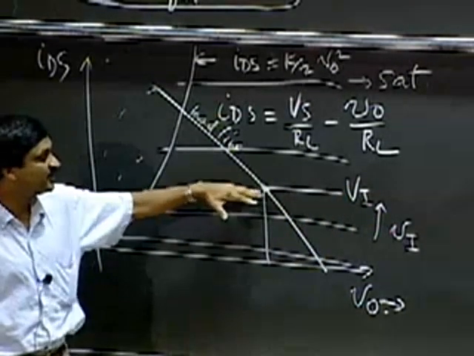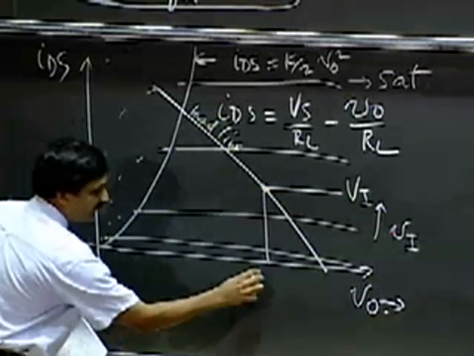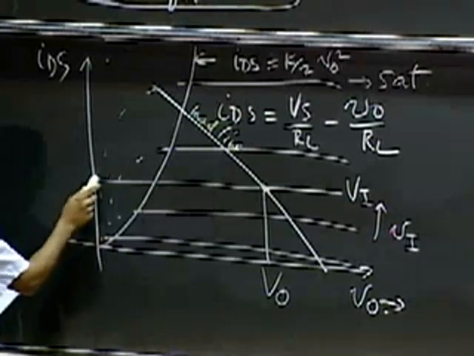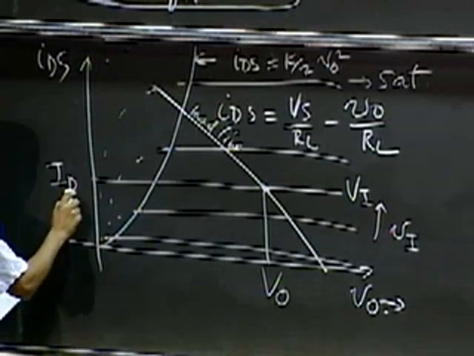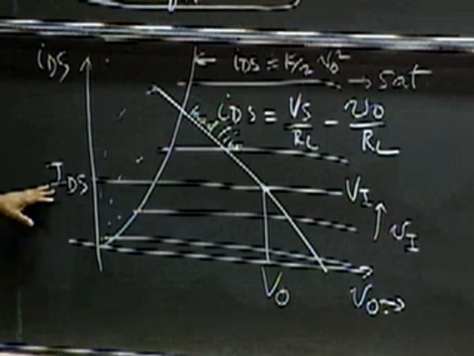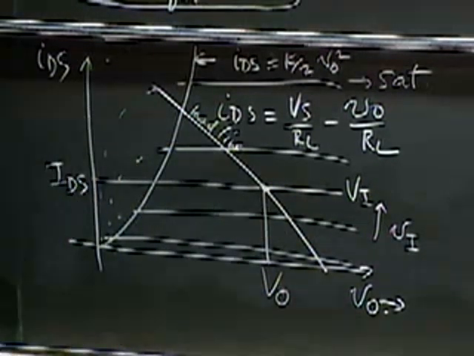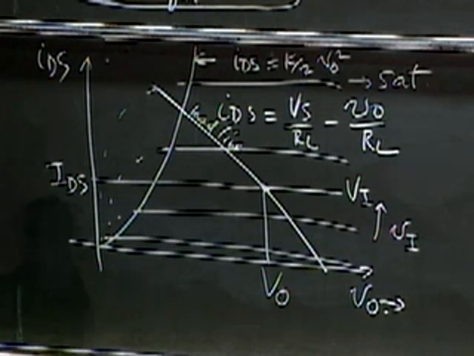This bias point would correspond to some input voltage VI, a corresponding output bias VO, and a corresponding current IDS. So IDS, VO, VI, in capitals, represent the operating point values for our little circuit. Okay, so far there's nothing new.